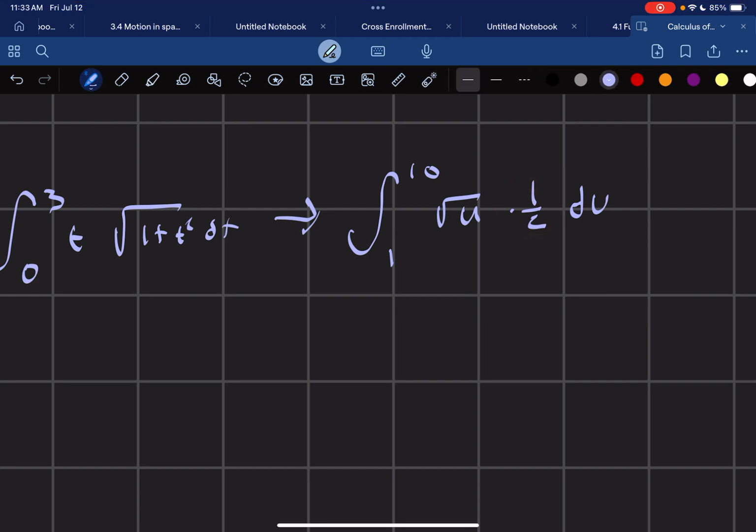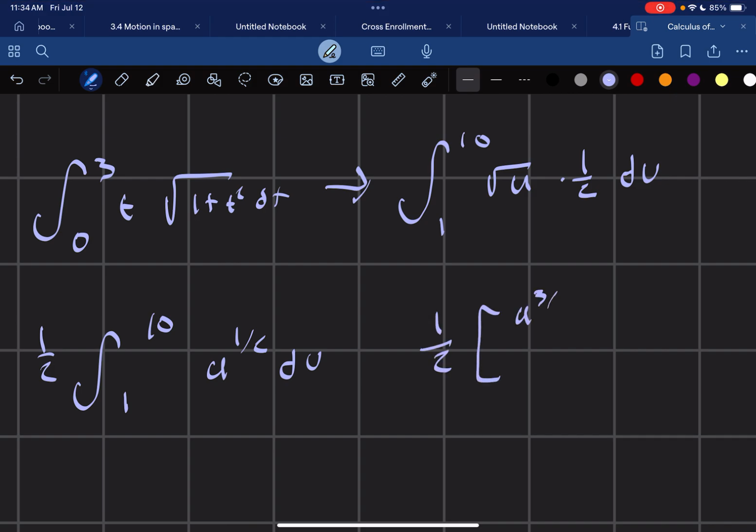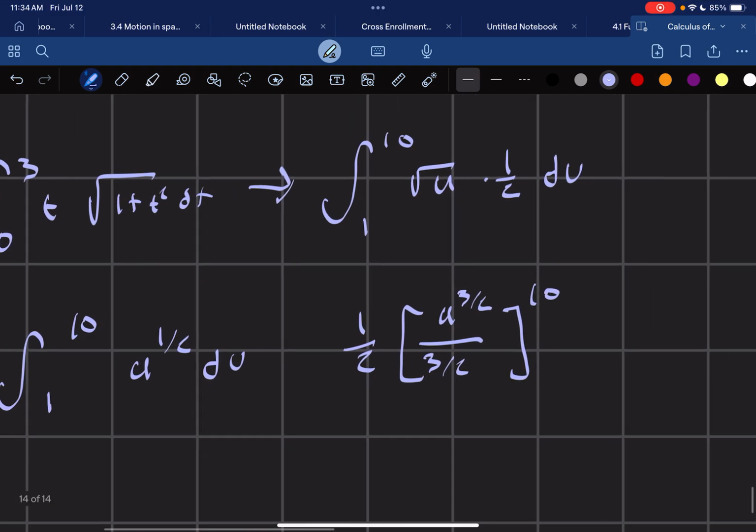This could be simplified as 1/2 times the integral from 1 to 10 of u to the 1/2 power du. So now we integrate. We just get 1/2 of u to the 3 over 2, divided by 3 over 2, from 1 to 10.